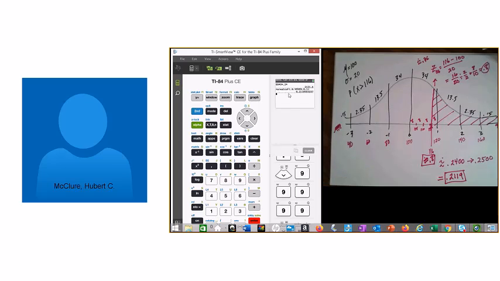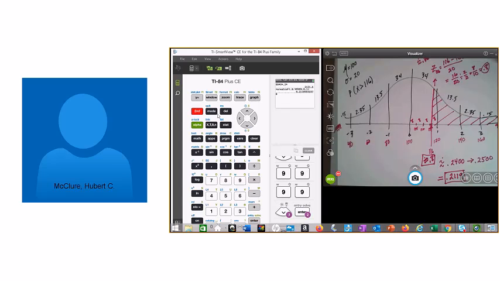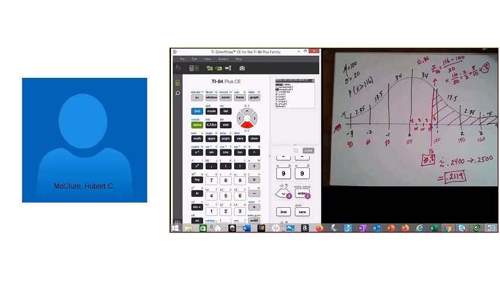Now, if you have a newer calculator, you would type in the same thing, except you would put in a new mean and standard deviation. So I'm going to put in 116 to 9999 with a mean of 100 and a standard deviation of 20.